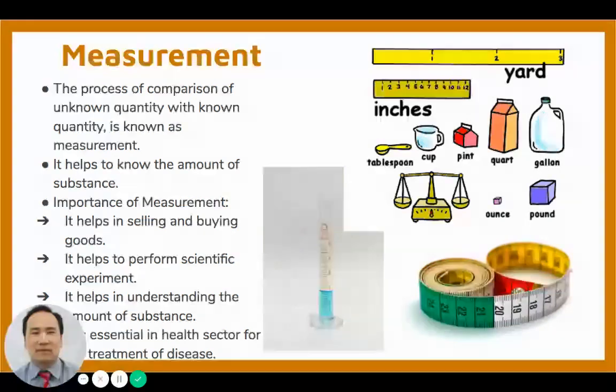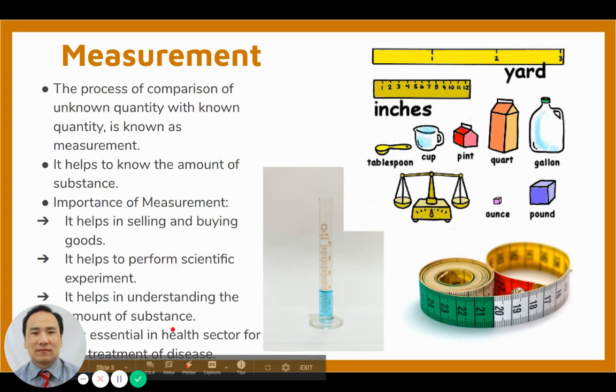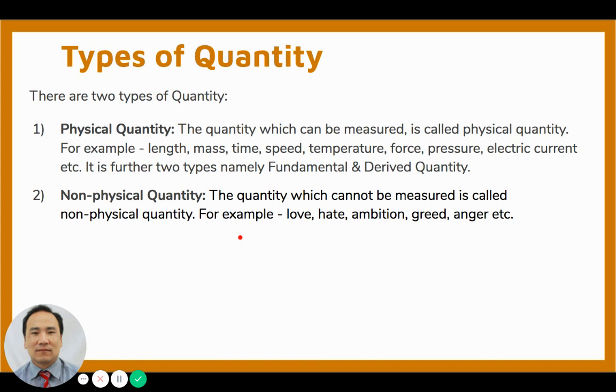Maybe 2 kilograms of rice, maybe 10 kilograms of rice. And it is important in health sector for the treatment of disease, because you will be giving medicine to your patient, and then you take the measurement of your medicine and then give medicine to the patient accordingly.